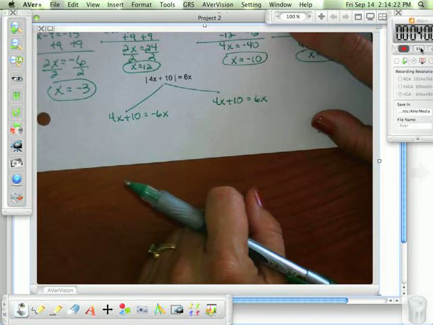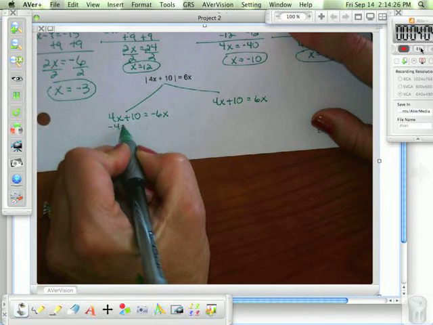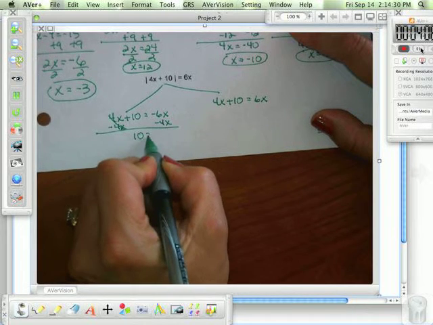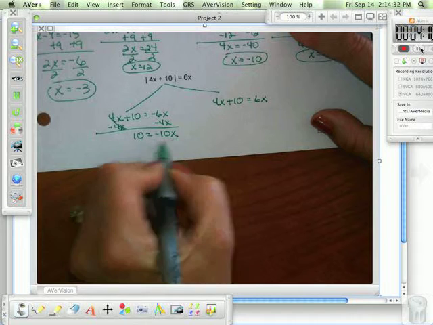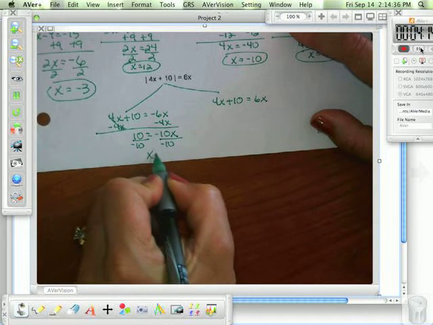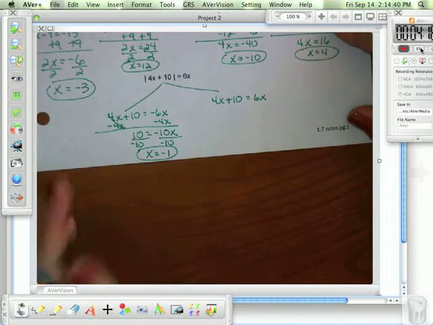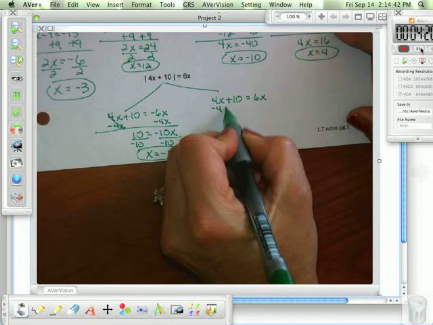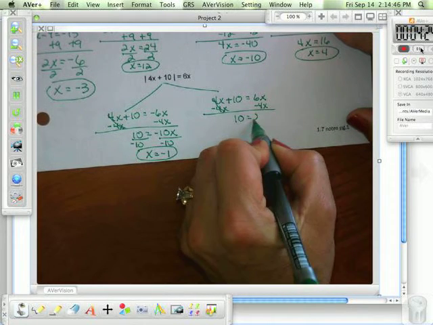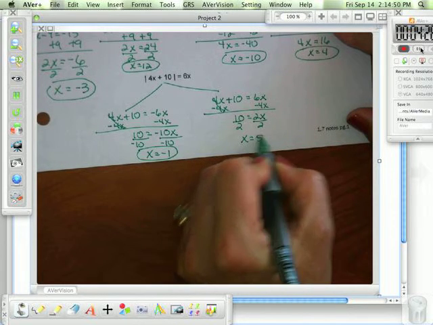So I'm going to just take and do this. Negative 4x, negative 4x. 10 is equal to negative 10x. Divide by negative 10. X equals negative 1. There's one of them. We'll try that in a second. Subtract 4x. Subtract 4x. 10 equals 2x. Divide by 2. X is 5. There's my other one.